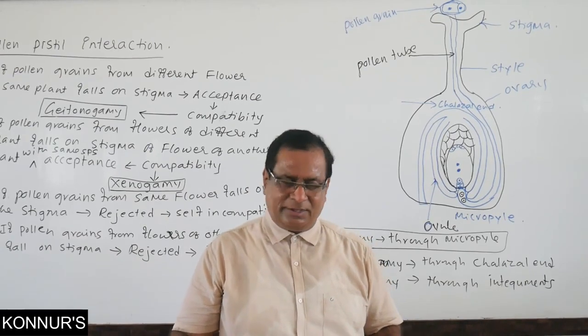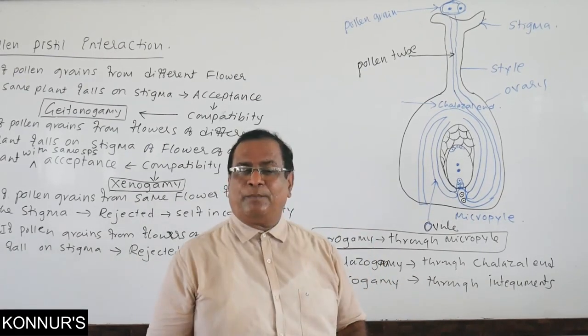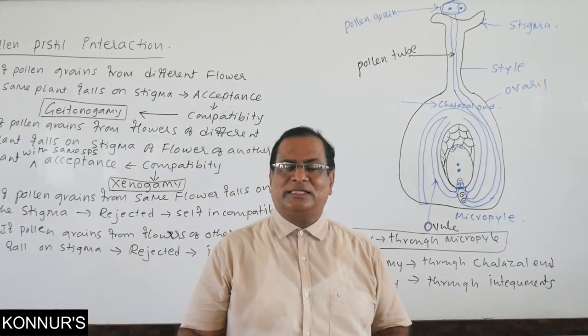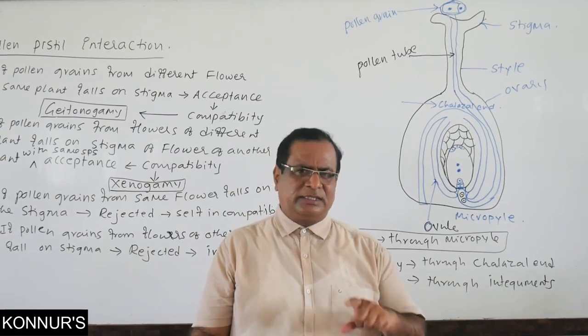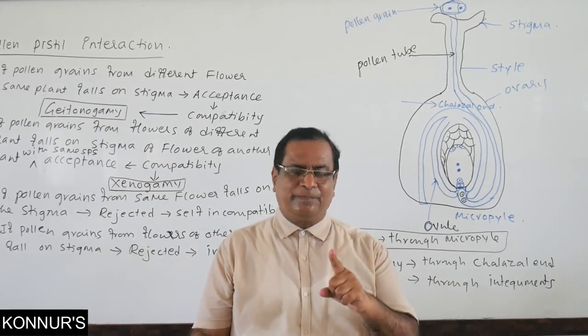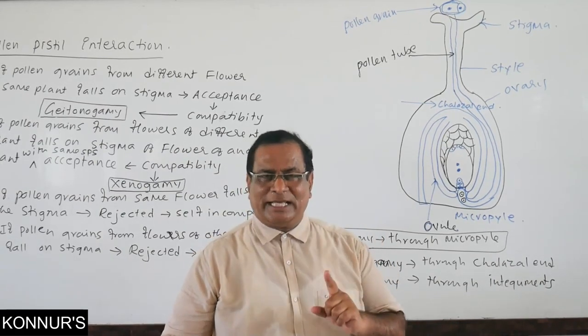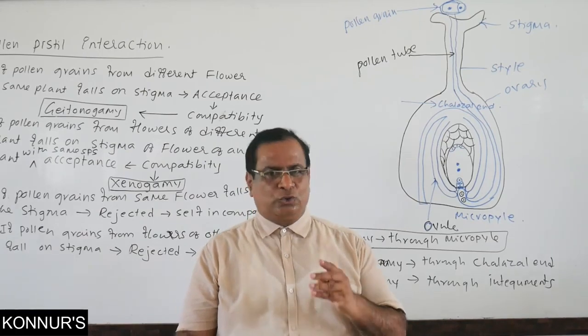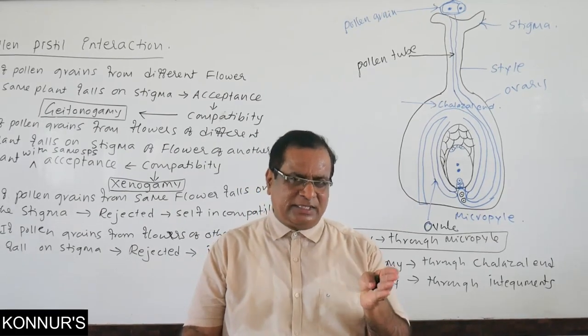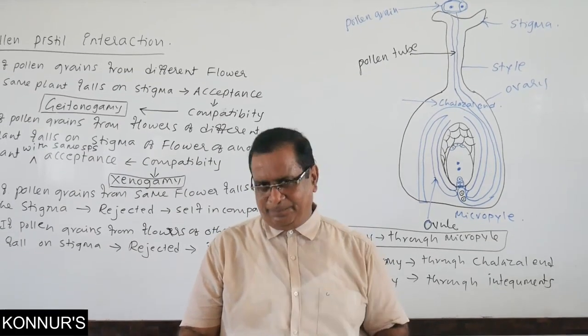Once it is accepted and that pollen grain starts germinating, in 60% of plants, the pollen grain falls on the stigma in a two-celled stage. Those two cells are the vegetative cell and the generative cell.